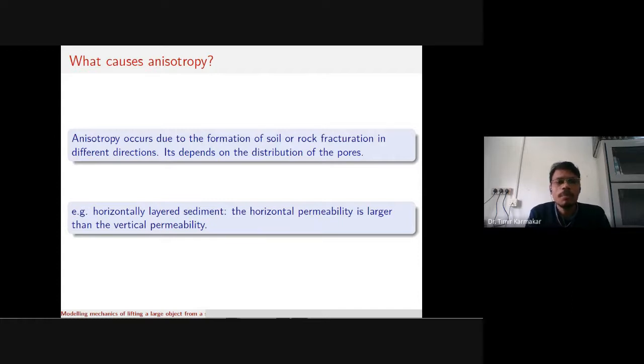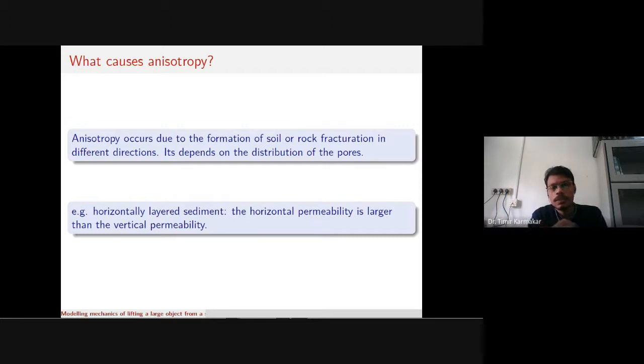For example, as I discussed in the above example, horizontally layered sediment. If the porous media is horizontally layered, you can actually make the anisotropic porous media. Suppose you put a sand layer, then above it a gravel layer, and so on.